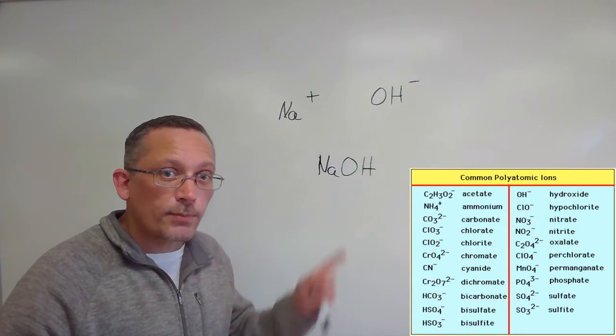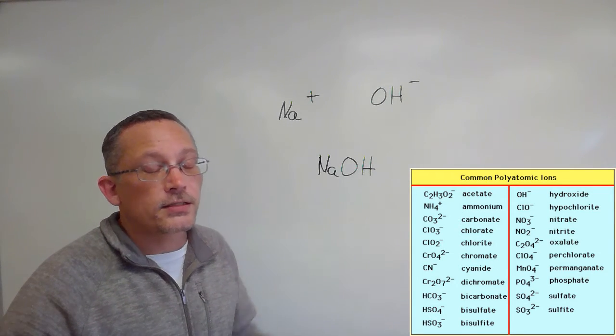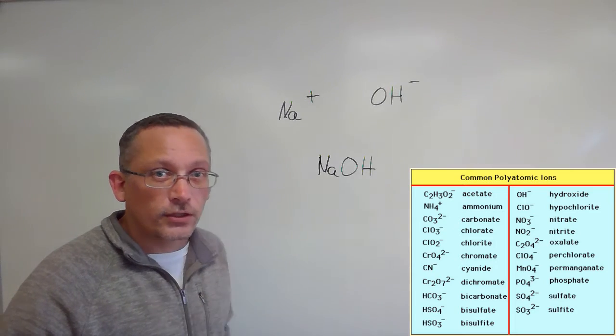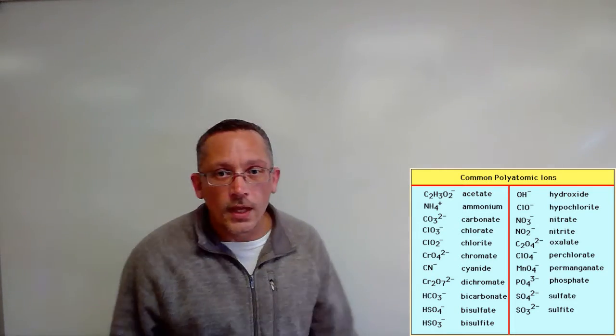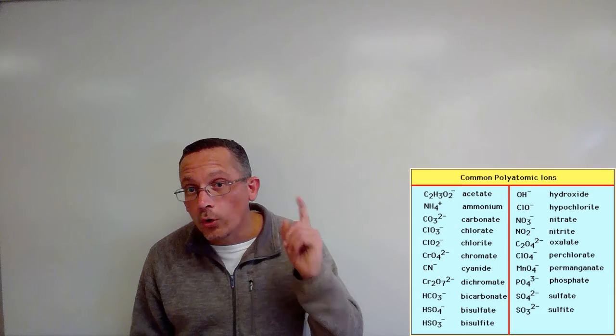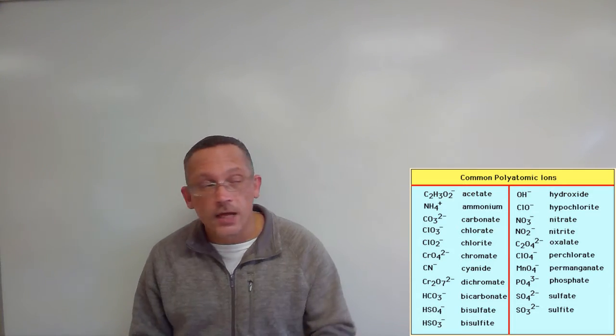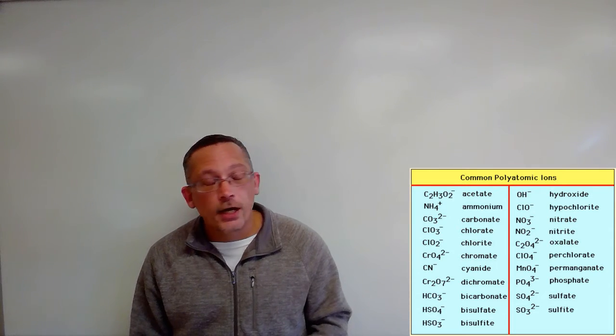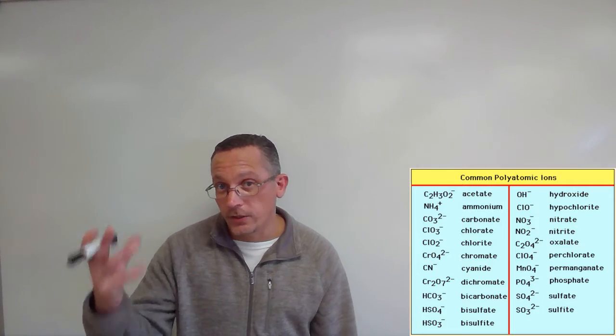And sometimes with these polyatomic ions, especially with the anions, they get a little bit tricky. Let's look at a trickier one. Okay, the tricky part happens when you need more than 1 of these polyatomic ions. So let's say I'm trying to write the compound between calcium and hydroxide.